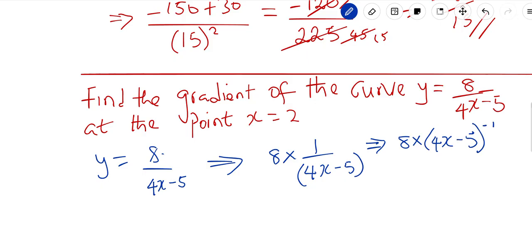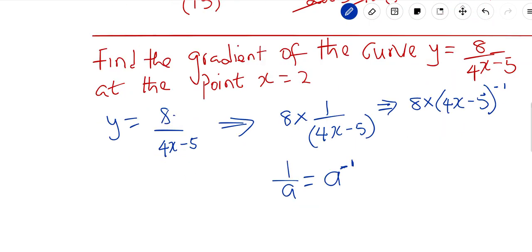Recall the laws of indices, where 1 over a is equal to a raised to the power of negative 1. In the same vein, 1 over a squared is the same thing as saying a to the power of negative 2, and 1 over a cubed is equal to a to the power of negative 3.